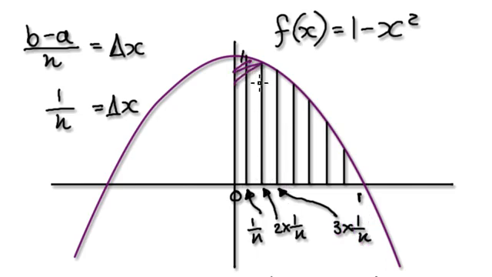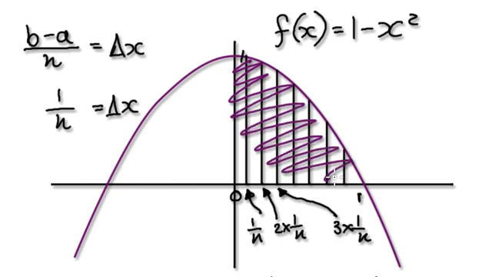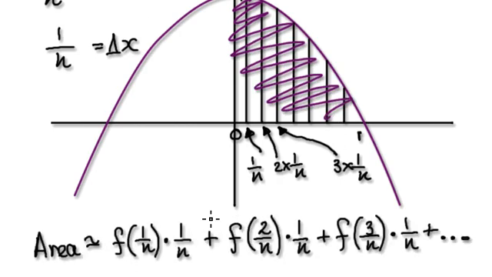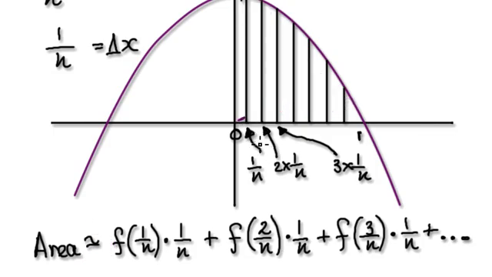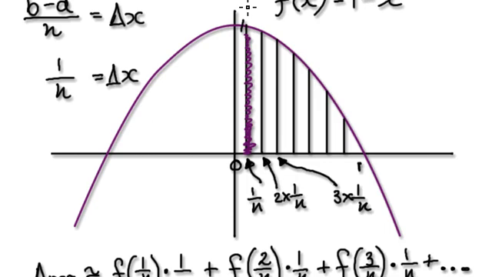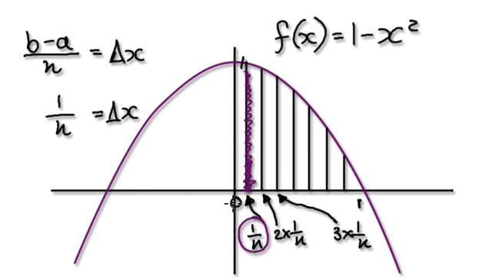So you can say that this whole area here is approximately, the first strip here, you need to know the height. You need to know this length here. The height would be you putting this into the original formula.